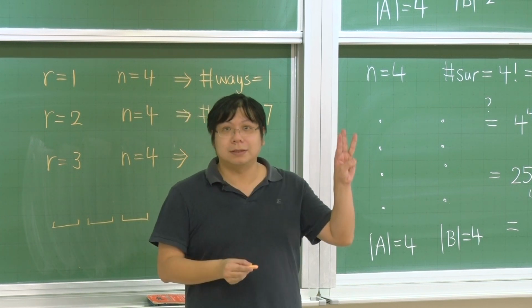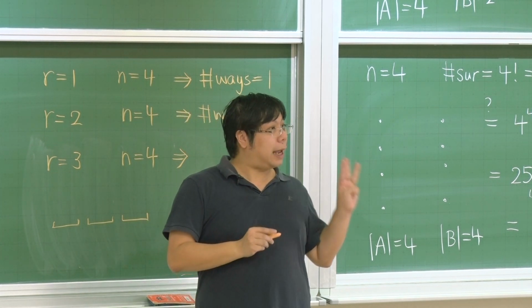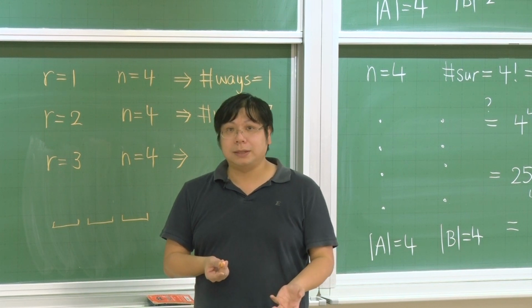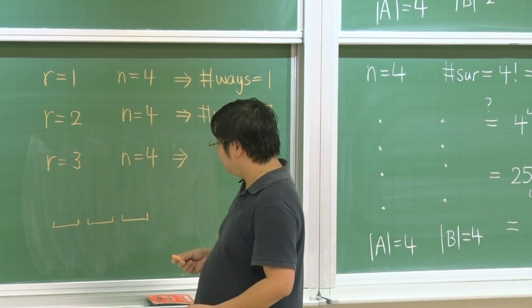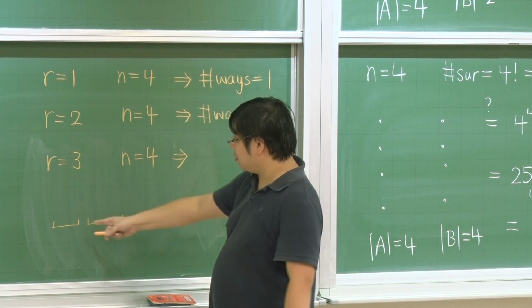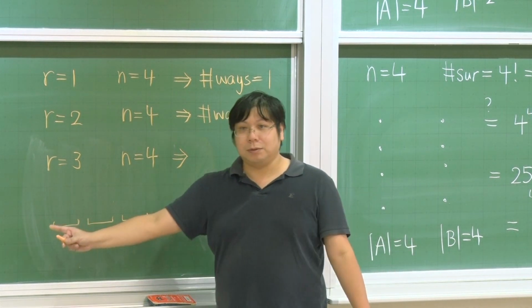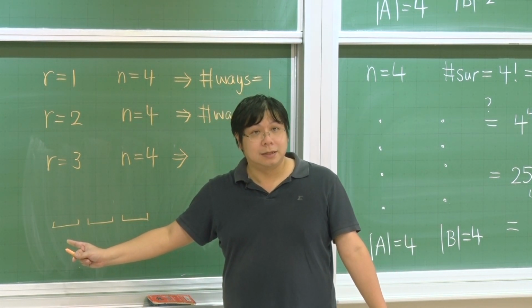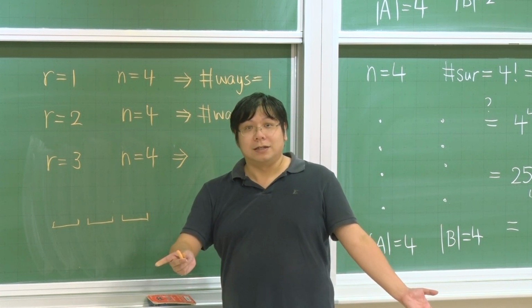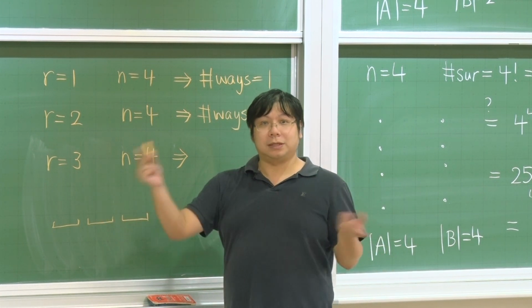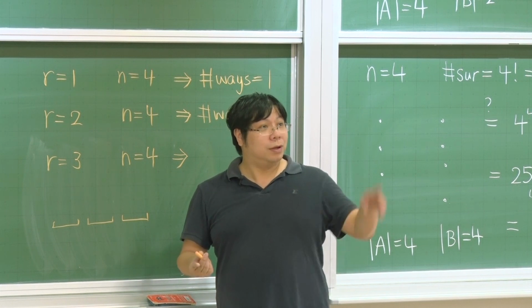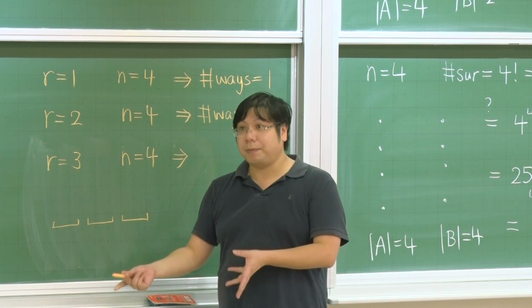We have 3 boxes. We can't have them empty. So each box has at least 1 ball, and there are 4 balls together. So it must be 1, 1, 2, the distribution: 1 box has 1 ball, 1 box has 1 ball, and the remaining box must have 2 balls.